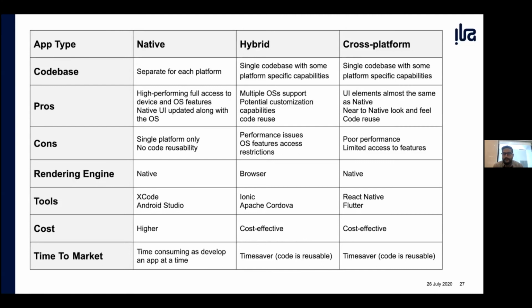In cross-platform, you actually have the best of both worlds. You have one code base, and you still have better access to device features. For example, in Flutter, if something is not available in the framework itself, you can write the code in native and connect it to your Flutter framework.